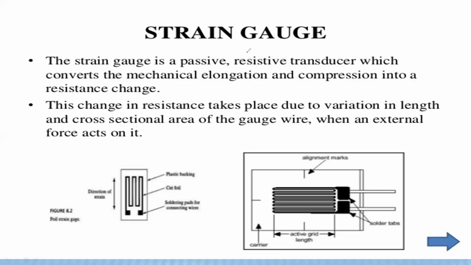Okay, so in that cross-sectional area of the gauge wire, when external forces are acting, the length of the strain gauge is varied. Automatically, it will generate the resistance, and the change in resistance also occurs when forces are acting on that strain gauge. Okay, so that is the strain gauge.